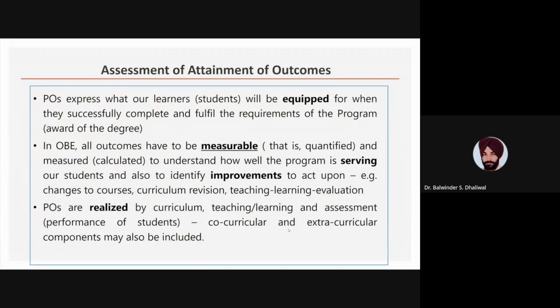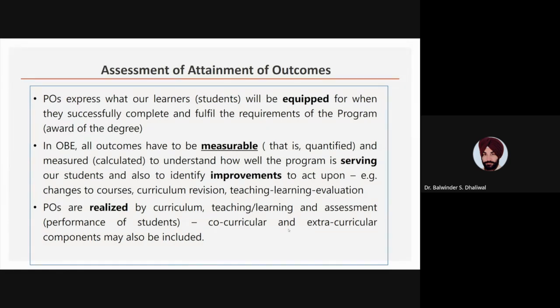In OBE, all these outcomes should be measurable. We need to measure those outcomes and calculate the values so that we can understand how well the program is serving our students, and also identify improvements to act upon.